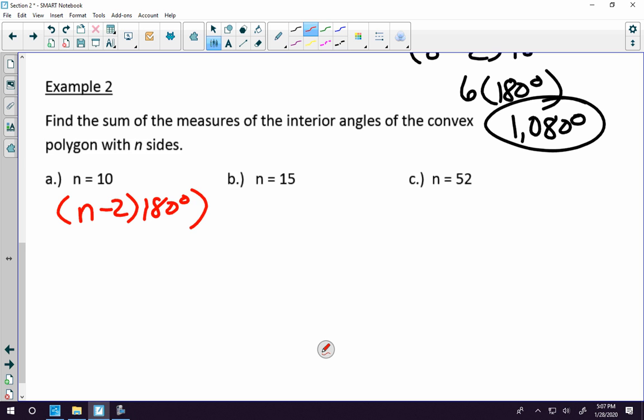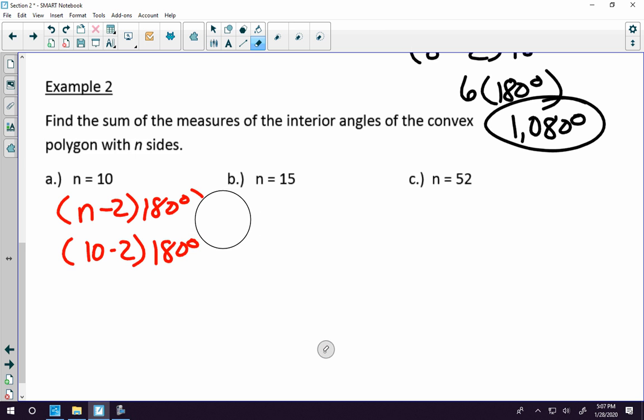Okay, what we're doing, n minus 2 is how many sides it has, minus 2, because you can't make triangles in 2 directions. That's where the minus 2 comes in. So if it has 10 sides, it's definitely a pentagon. I apologize. I don't know why I put that there.